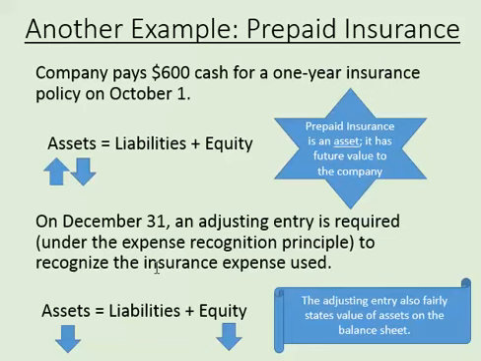So we need to record an adjusting entry that will decrease the amount of prepaid insurance by $150 and recognize insurance expense of $150. So our adjusting entry, after we make it, will result in our fairly stating the value of that prepaid insurance on our balance sheet, and it will recognize the $150 of insurance expense that has been used up and incurred in our business.